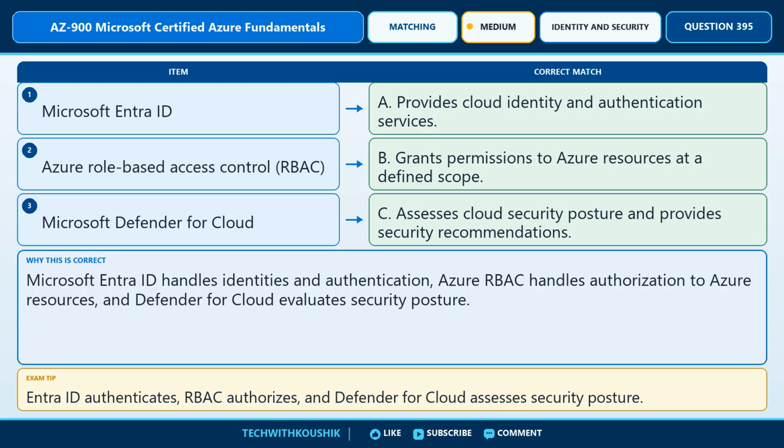Here's why. Microsoft Entra ID handles identities and authentication, Azure RBAC handles authorization to Azure resources, and Defender for Cloud evaluates security posture. The main takeaway is Entra ID authenticates, RBAC authorizes, and Defender for Cloud assesses security posture.